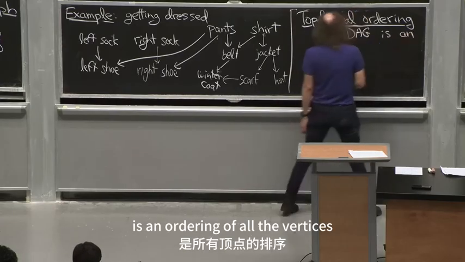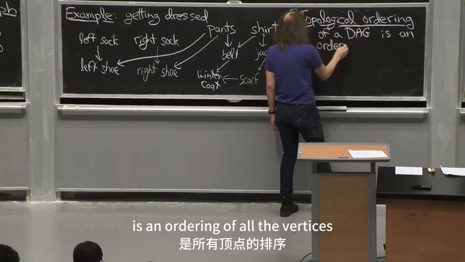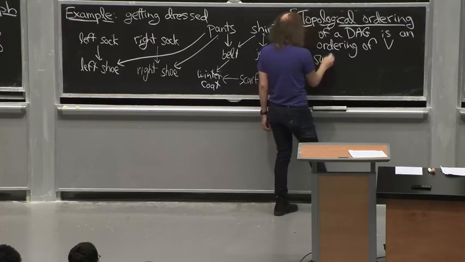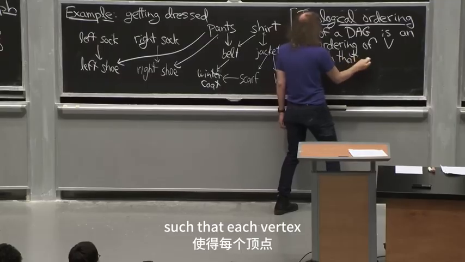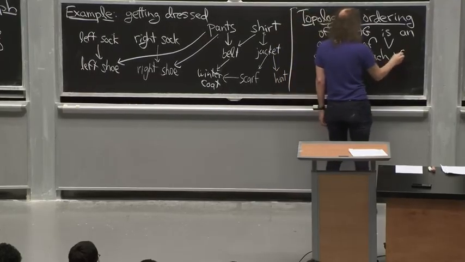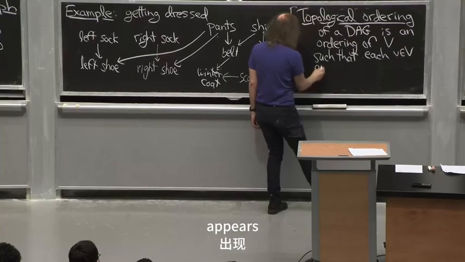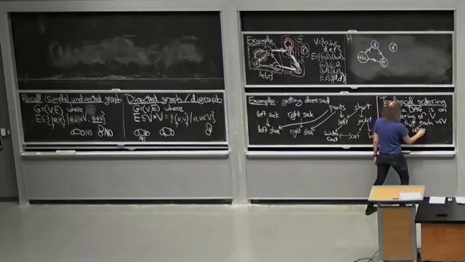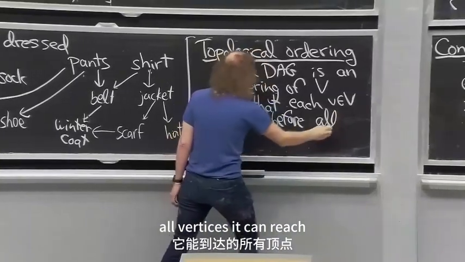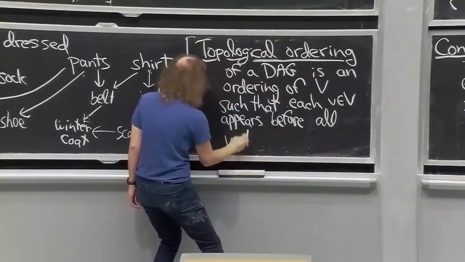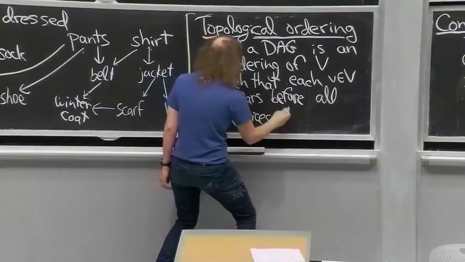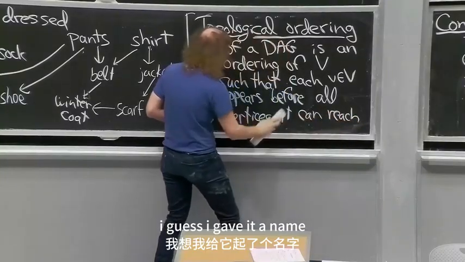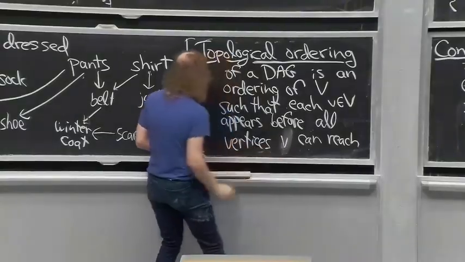It is an ordering of all the vertices such that each vertex appears before all vertices it can reach. So I'll call it V here.